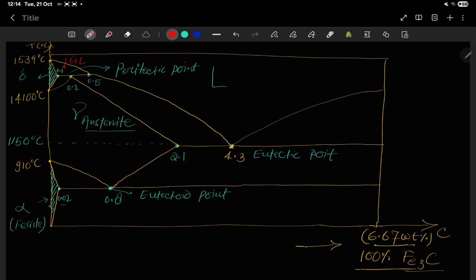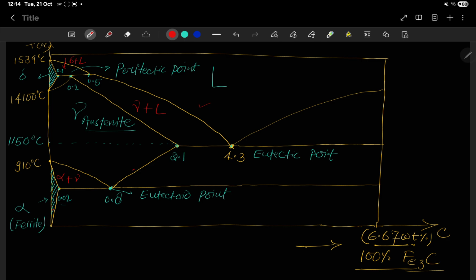Okay, and this is alpha, this is gamma. So what phase will we get? In this region it will be alpha plus gamma. And this is gamma, this is liquid. This phase will be gamma plus liquid phase, right?